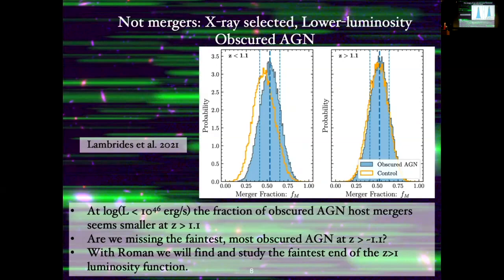However, if you look at other samples, either slightly or at a higher redshift, not of luminous infrared galaxies but just of obscured AGN, the picture becomes more complicated.